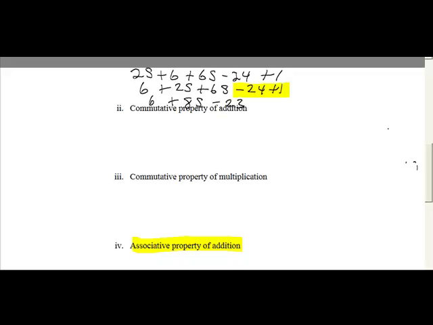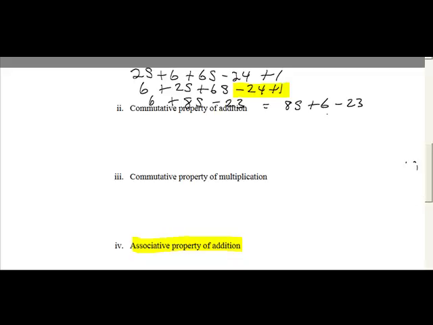Now I'm applying the commutative property again to write this as 8s plus 6 minus 23. The commutative property of addition allowed me to switch the term 8s and the term 6.